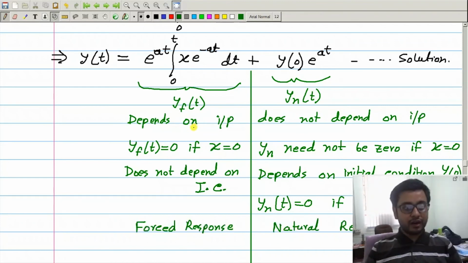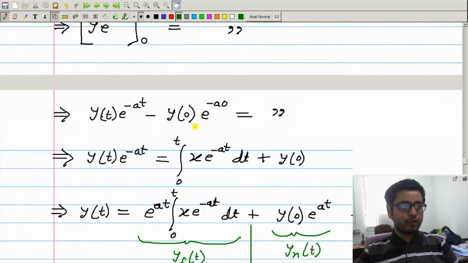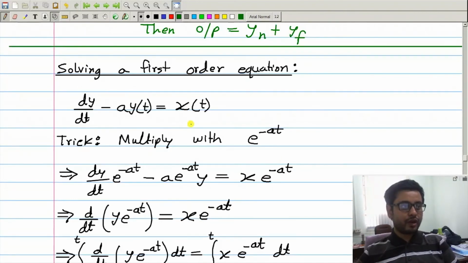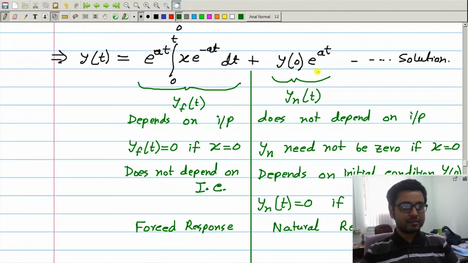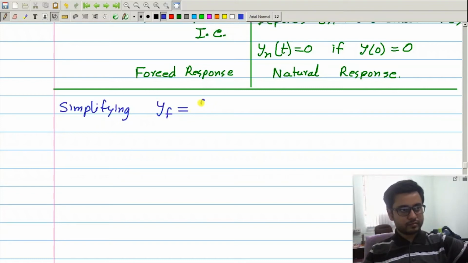So we have learned how to solve a simple first order differential equation, and here is the solution. But this is not quite complete because we will have to simplify this integration, this first term, or y_f, which is given by this integration.